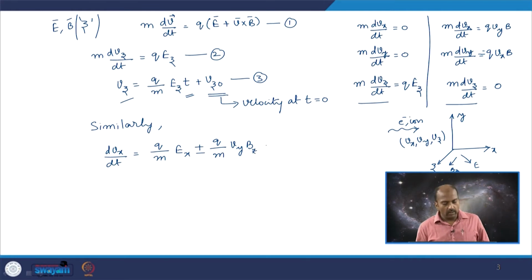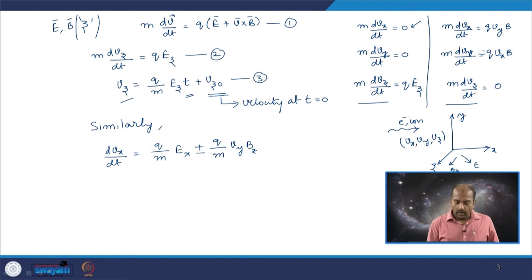Now, what have I done? dVx/dt, let us say, is 0 in this picture. But if you have an electric field component Ex which is not 0, then using this relation, similarly, you can write m dVx/dt equals q Ex, which is what I have written.